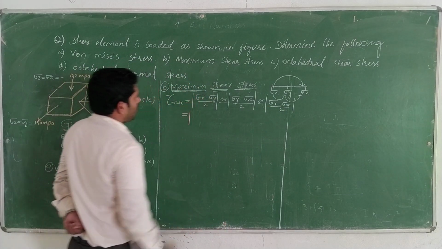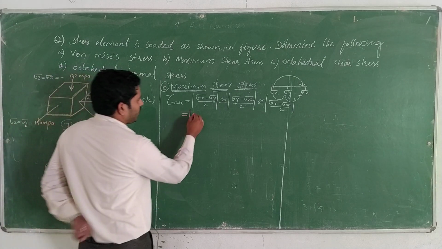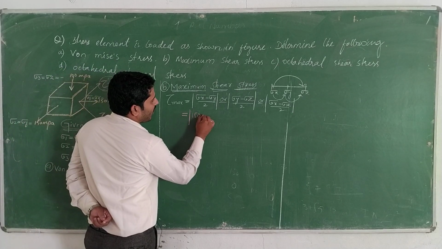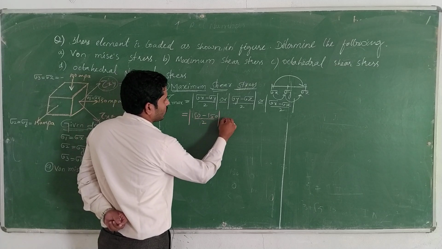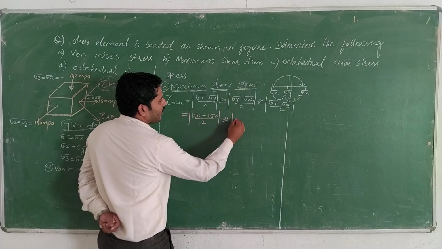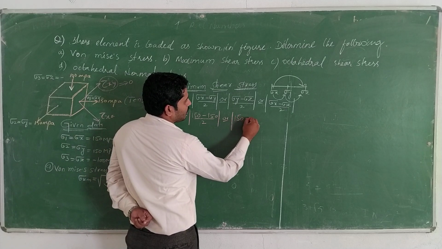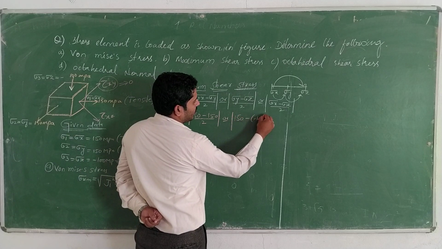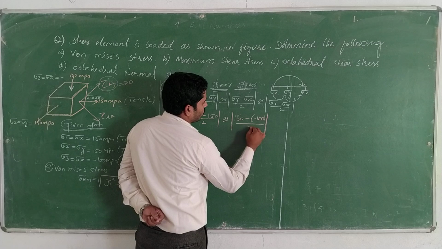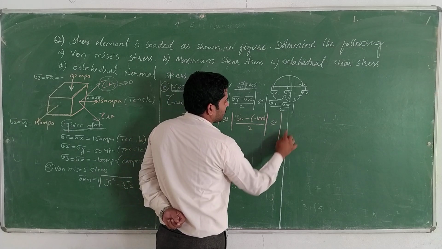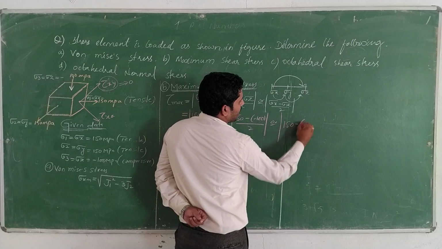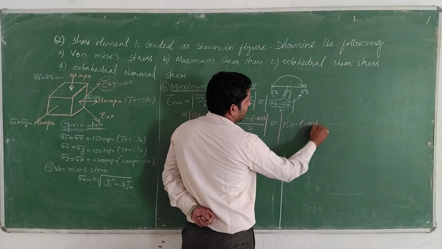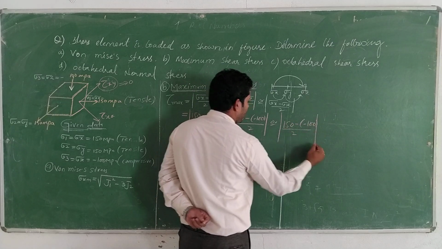Sigma x value, how much is that here? 150. Sigma x minus sigma y, 150 minus 150, by 2, or sigma y value is 150, sigma z value is minus 100, by 2, or sigma x value is 150, sigma z value is minus 100, by 2.